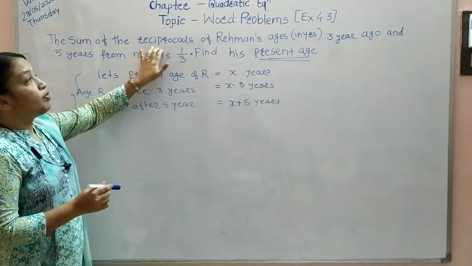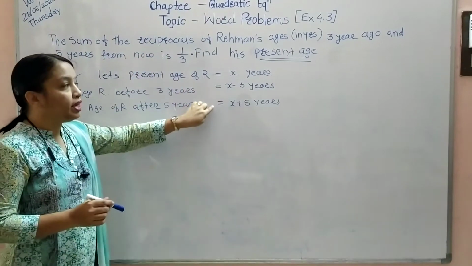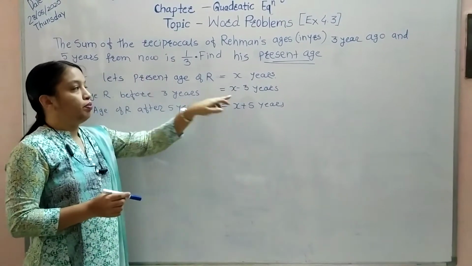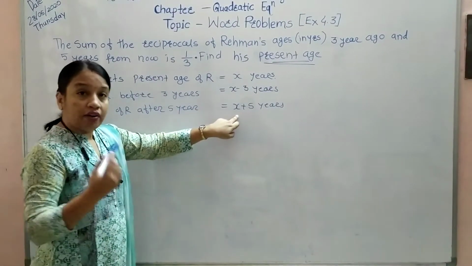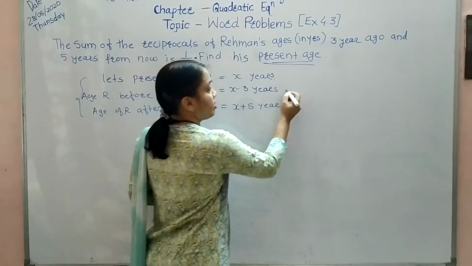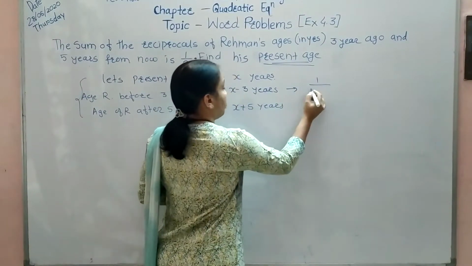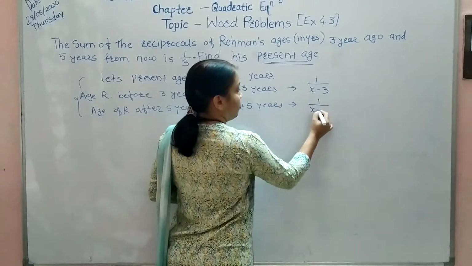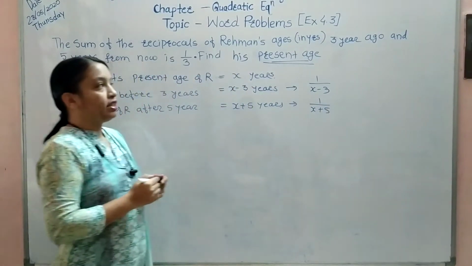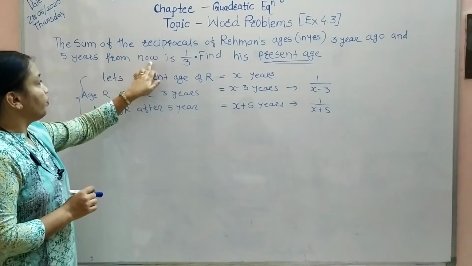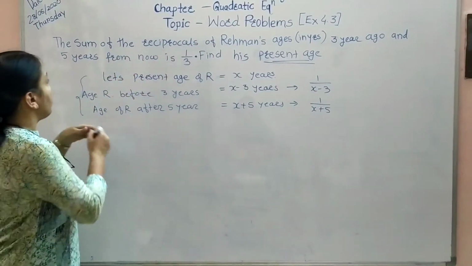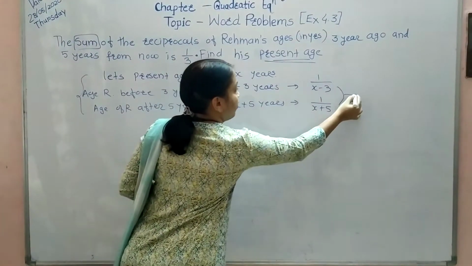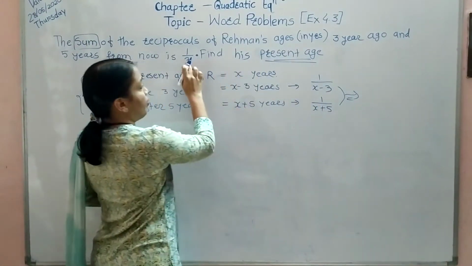Now what is the condition given? That the reciprocals of these 2 ages, this is the age before 3 years, this is the age after 5 years. What is the reciprocal? Means 1 upon this: 1 upon x minus 3 and 1 upon x plus 5. The sum of these reciprocals is given equal to 1/3.